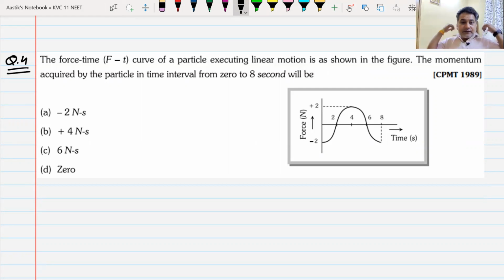The force-time (F-t) curve of a particle executing linear motion is shown.